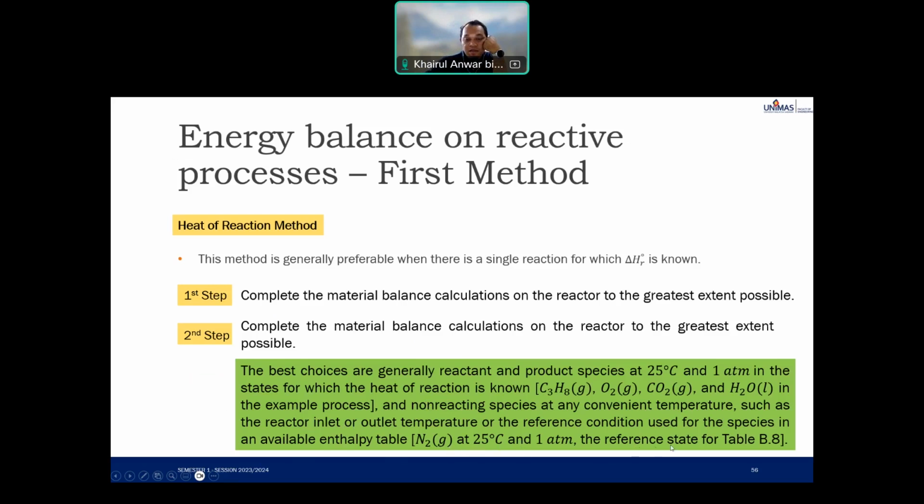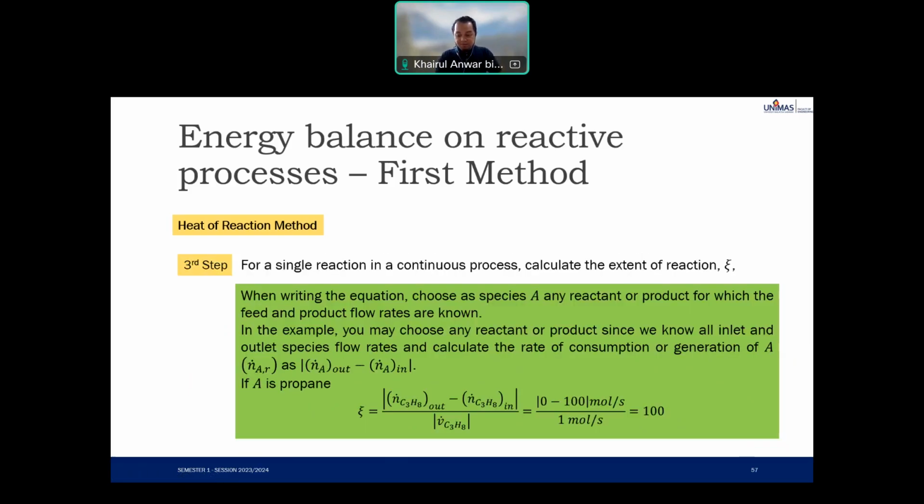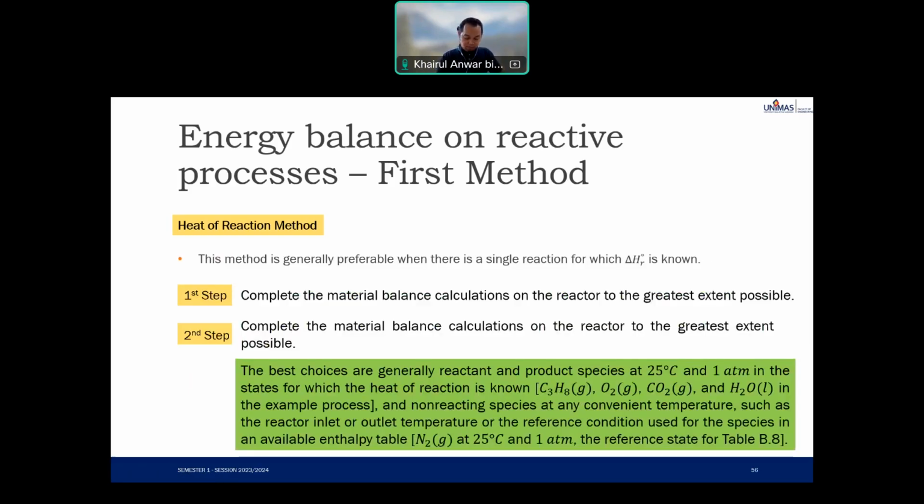You can see in the first step, Table B8. Table B8 is at 25 degrees C. That's why the best choice is 25 degrees C, because of Table B8.